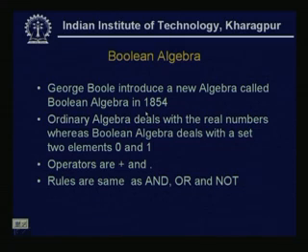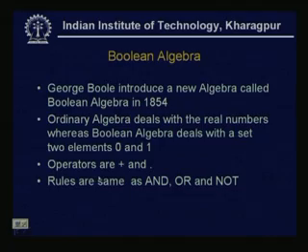Now, the ordinary algebra deals with the real numbers, which means the set is an infinite set, consisting of an infinite number of elements. Here in Boolean algebra, it deals with a set of two elements, that is 0 and 1. The operators are two operators, plus and dot, and the rules are the same as AND, OR, NOT.